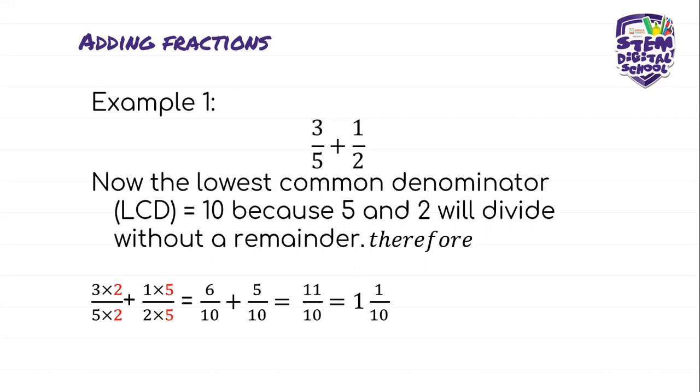After 10, there is no other denominator which will be common for 5 and 2. 9 is not a denominator. 8 is also not. 7 and so on and so forth. Even 5 is not a denominator because 2 cannot go into 5 without a remainder.